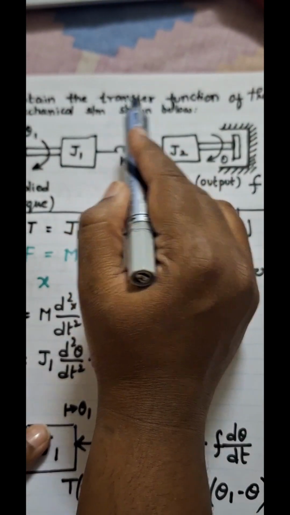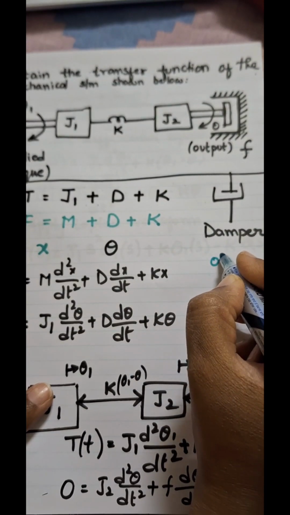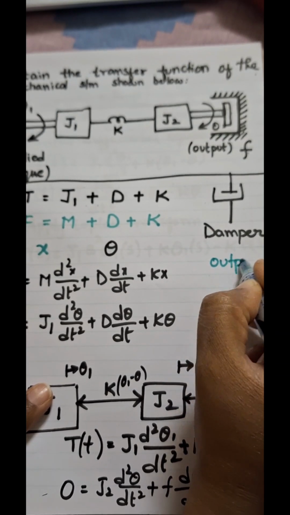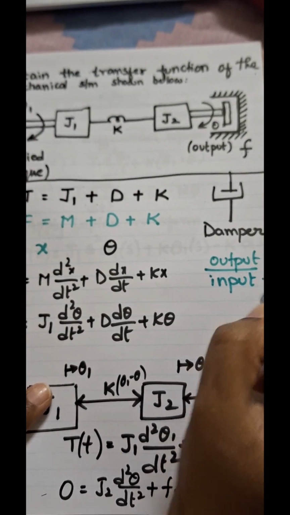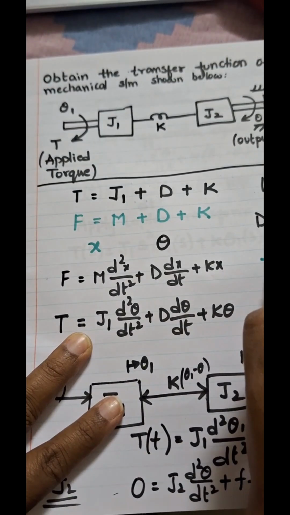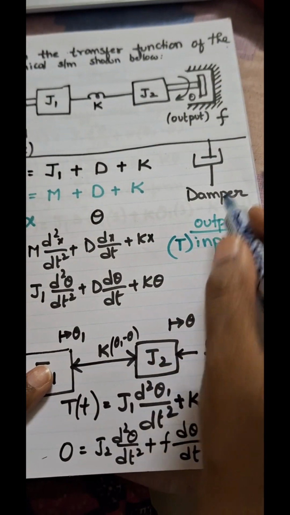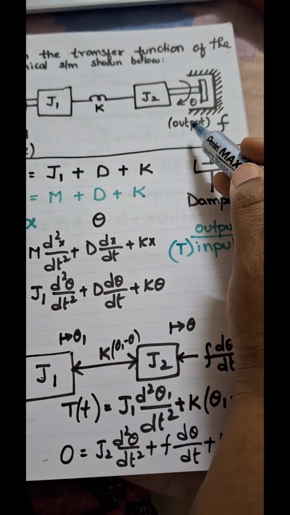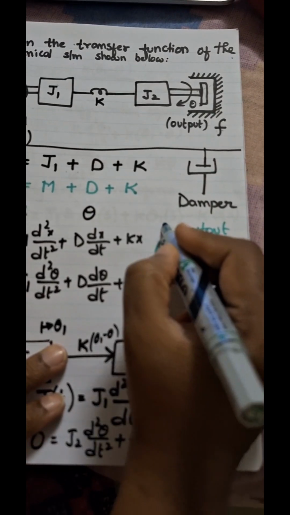But actually what do you mean by transfer function? Transfer function is output by input, right? Here if you see applied torque, they are saying it is input, so input should be T, and then they said theta is the output, so theta is the output means it should be theta.